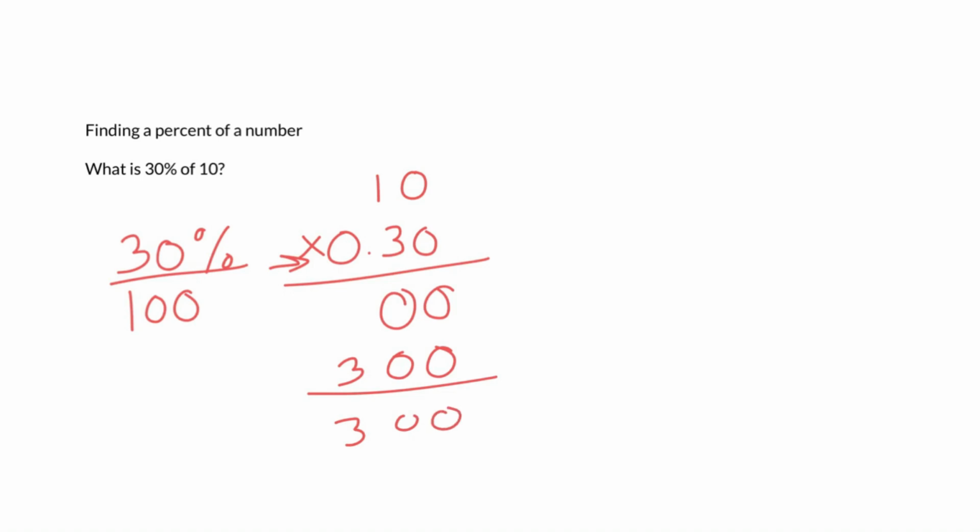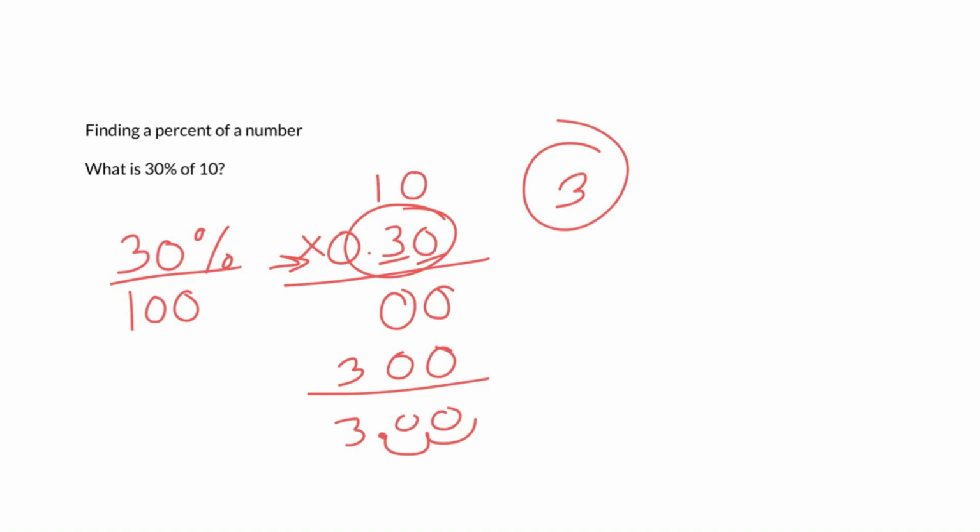So this gives me 300, but remember that with decimals, I count up the number of digits after my decimal point. In this case, I have 2. So I'm going to move my decimal 2 places. So this tells me that 3 is 30% of the number 10.